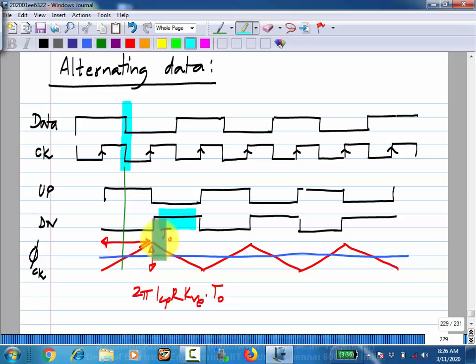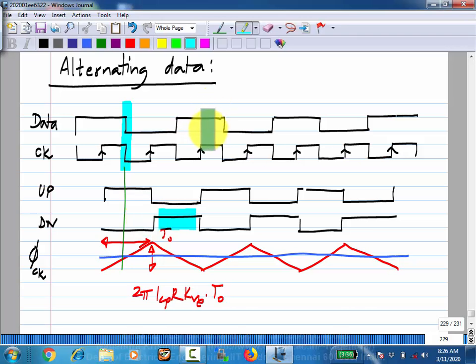Meaning the response here depends on the phase about half a cycle before, maybe a little bit more than that. So that means that if you are getting a down signal here, the clock should have been early over there. Is this part clear?